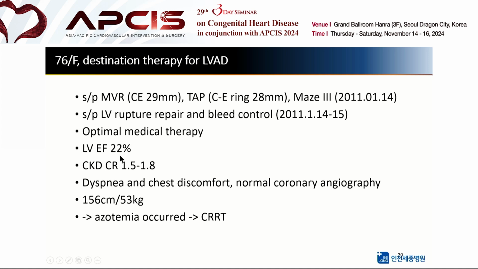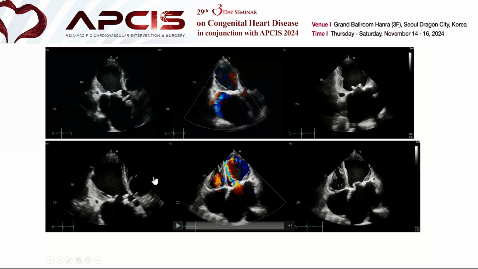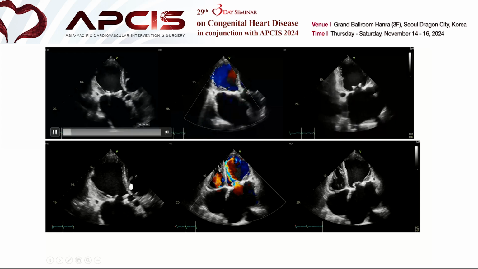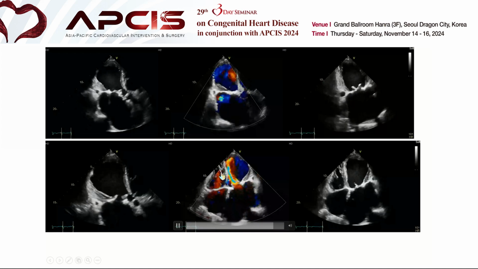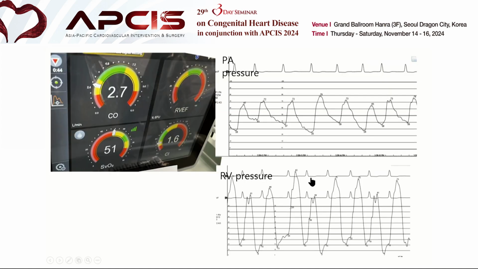However, her ejection fraction was very low, and she would like to do some more things because of the dyspnea. And then one day, azotemia occurred, so we did CRRT. With the CRRT and volume control, her LV function was very decreased, and RV function was also decreased. But the right heart cath showed the RV pulse pressure was widened, and the PAPI was 2.8.